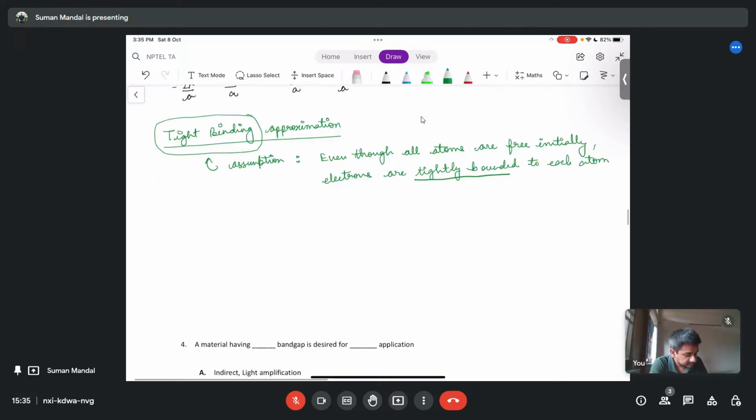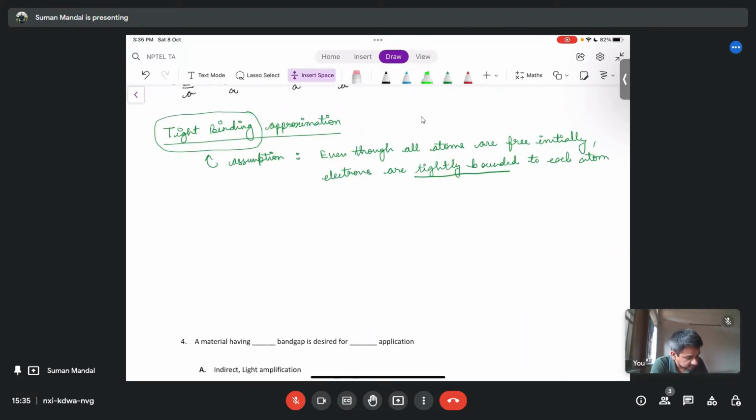So what we do here is, let's say we have two atoms which have shells.